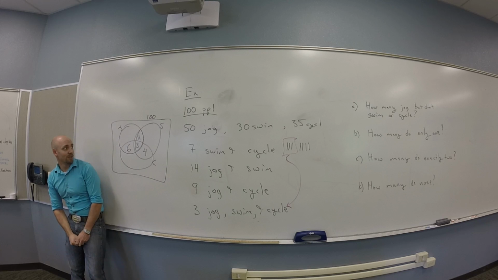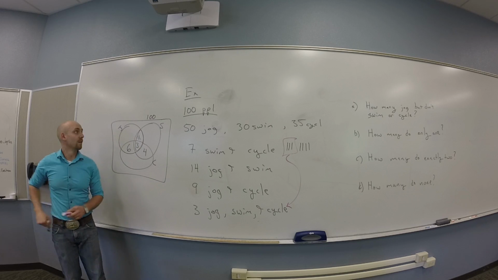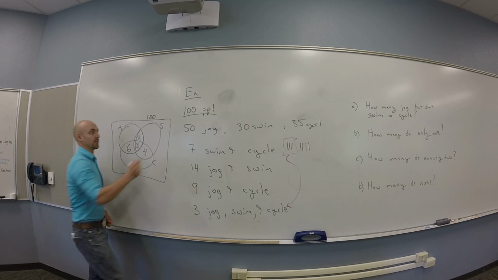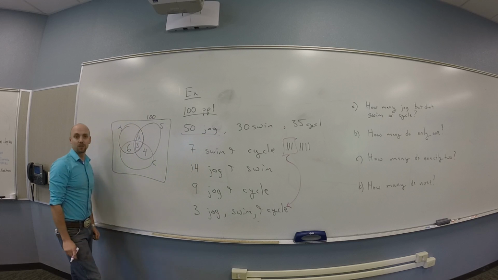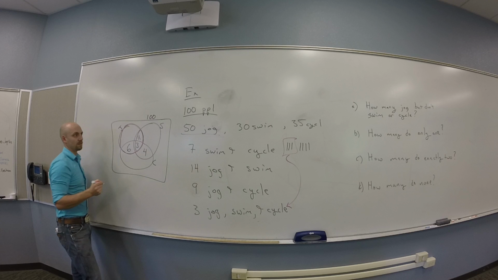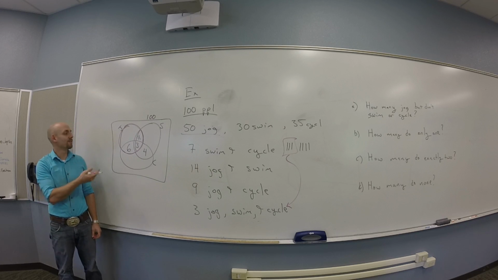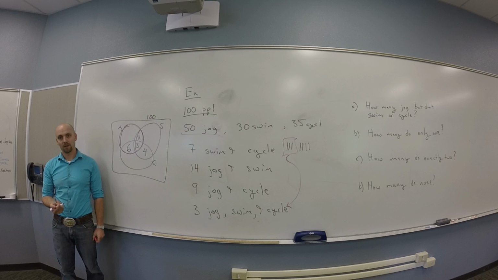Now, anybody want to tell me how to get one of the next ones? Let's look at the jog stuff. Jogging is this blob, and it's supposed to have a total of 50 in it. How many have I accounted for so far? 20.